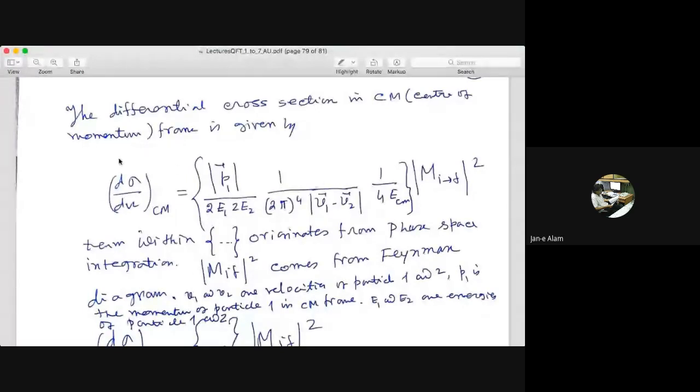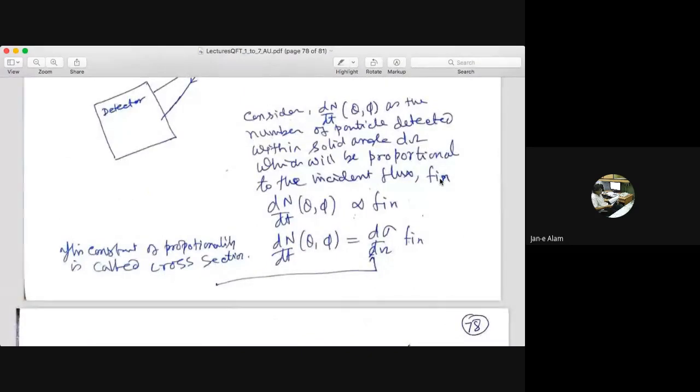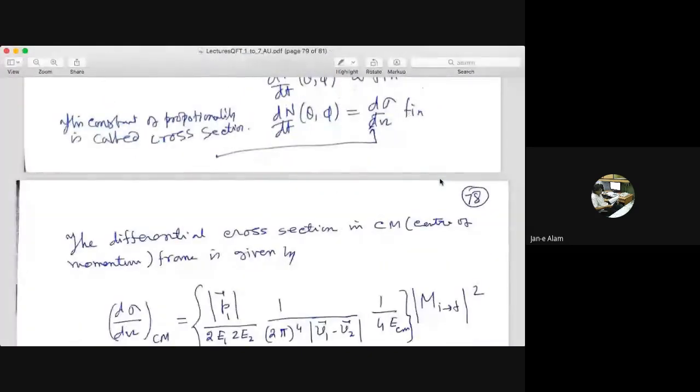For any physical process to take place, two things have to be satisfied. One is that the dynamics should allow it, and that dynamics is contained in this matrix element, which comes from the Feynman diagram, right? Because through the interaction vertex, this M_if contains the information about the interaction, or the dynamics.